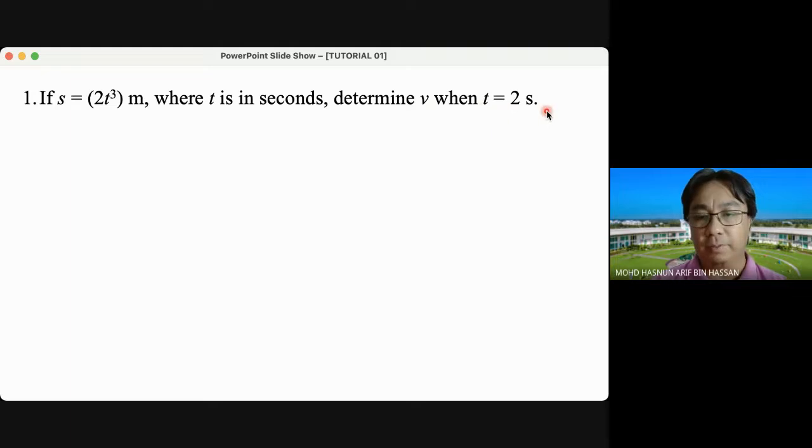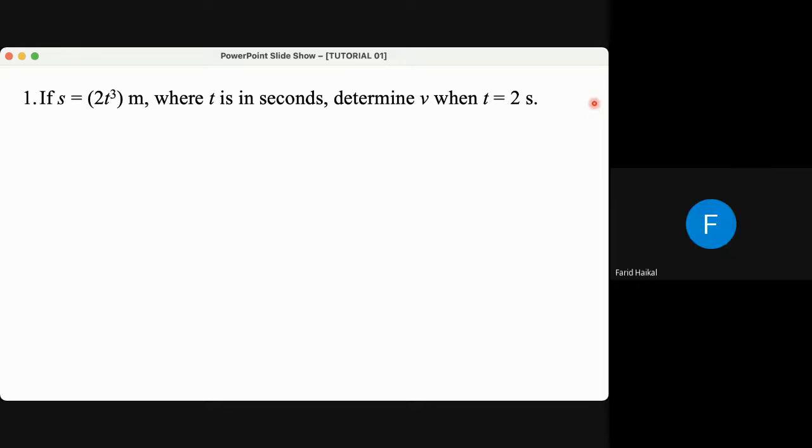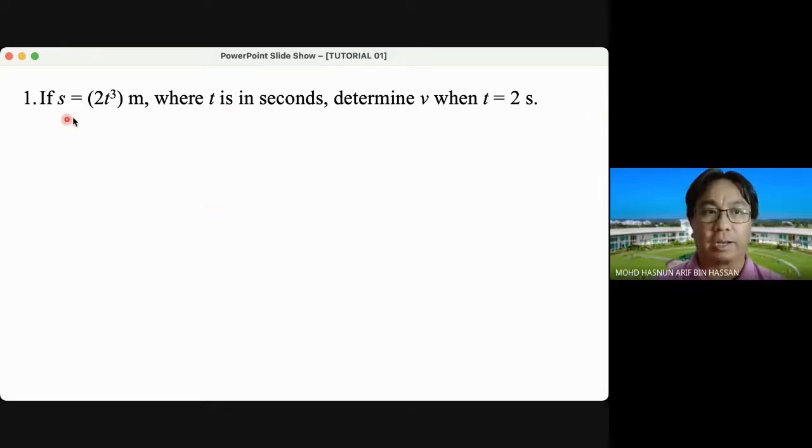In this problem, is this a constant acceleration problem or not? Not, because it is not mentioned in the problem that acceleration is constant. So you cannot use the 3 equations for constant acceleration.